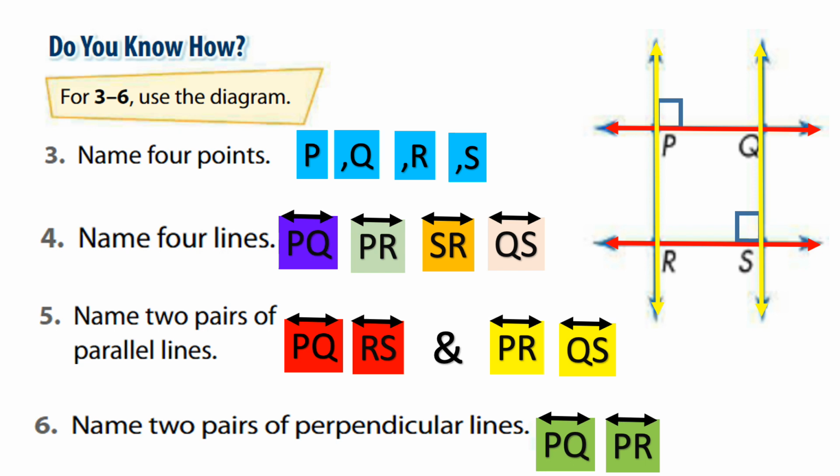You will find them by yourself, right? The first corner here at P is between the two lines PQ and PR. And we have another corner at point S between the two lines QS and SR.